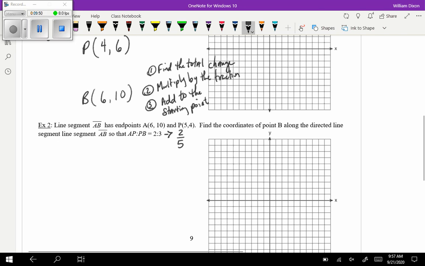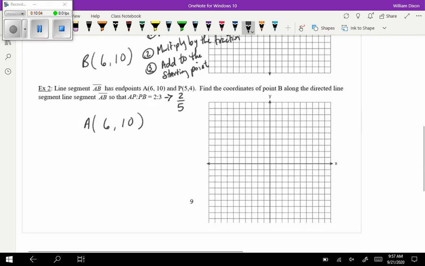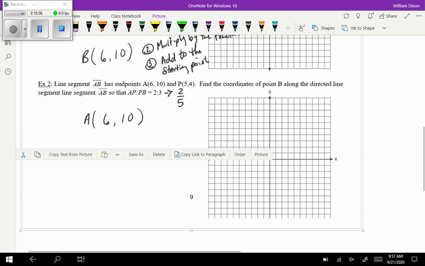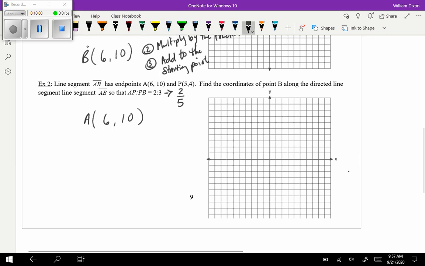All right, so I set up my starting point. My starting point is A, and that's 6, 10. My ending point is here, that's 5, 4.